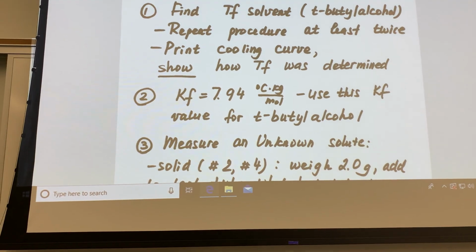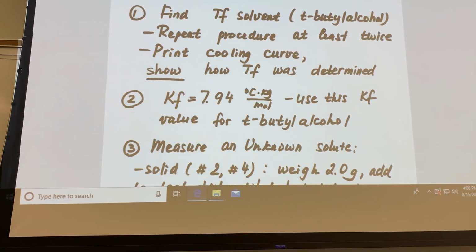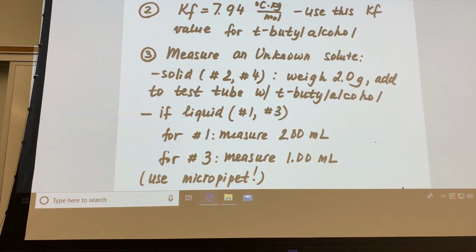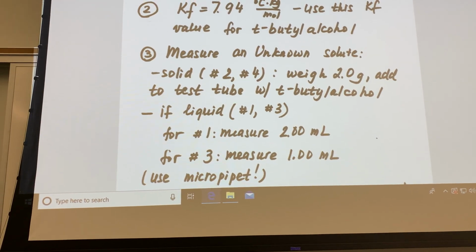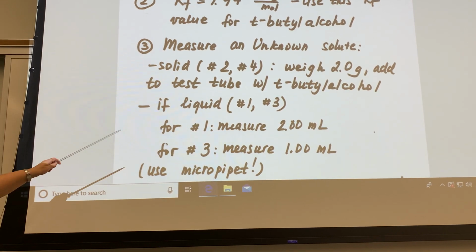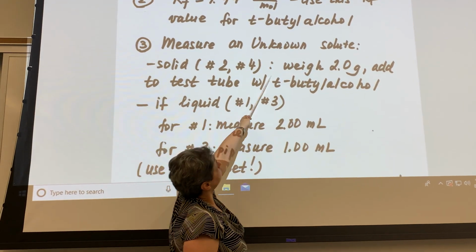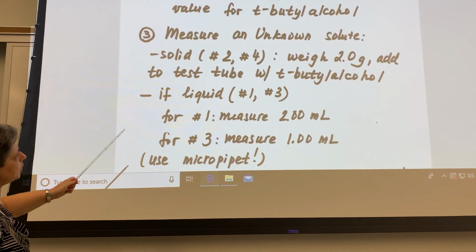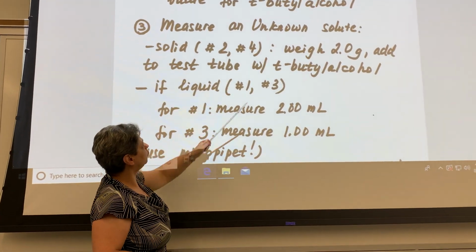And also, as far as the unknown is concerned, you of course will be told which unknown was used to get the data that you will be provided. For solid unknowns, we weigh close to 2 grams, so you'll be given the exact mass of the solid unknown, and you'll be told whether it was unknown number 2 or number 4.